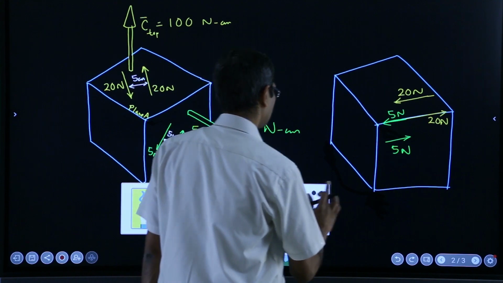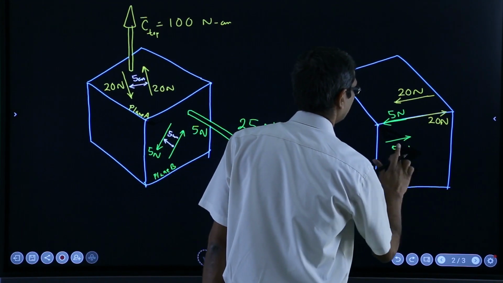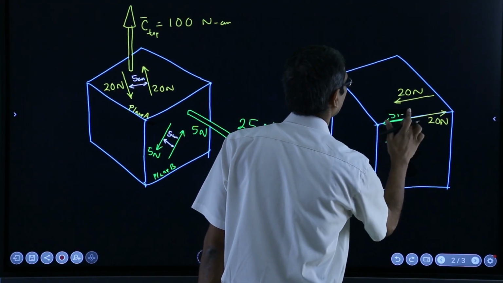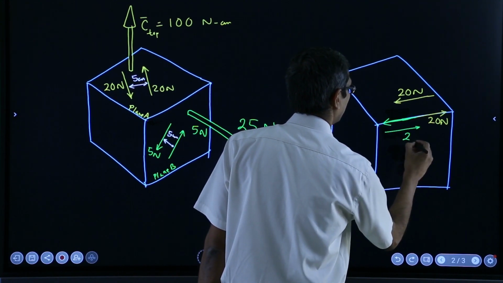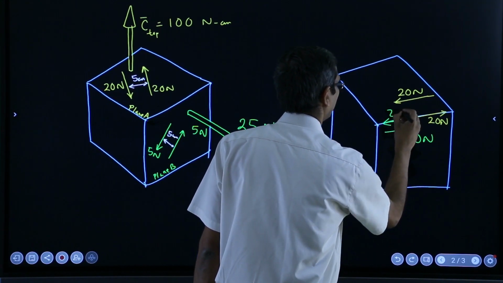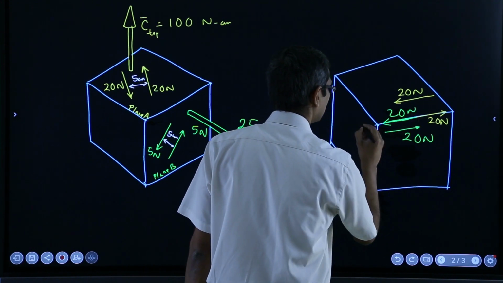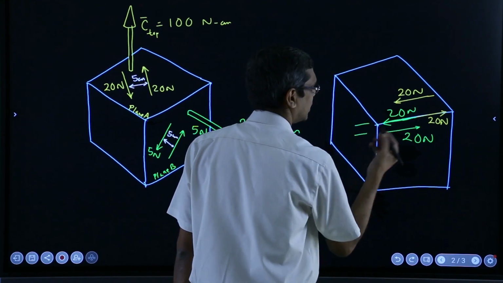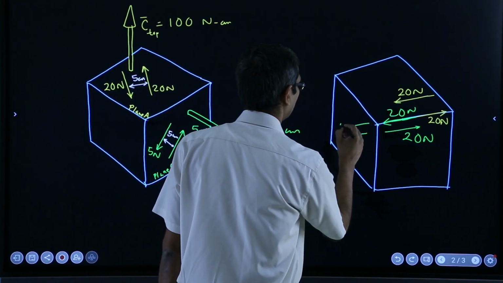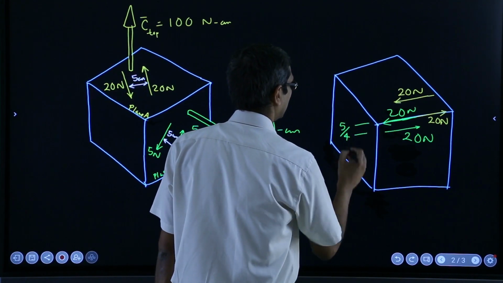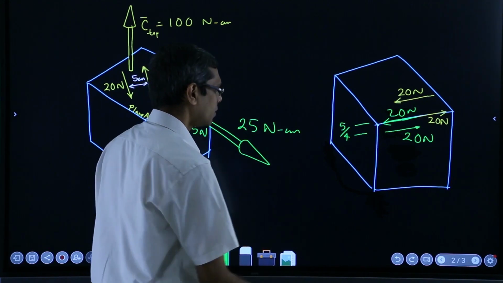So I'll just erase this now and make it 20 newtons, 20 newtons, but the distance now has become, earlier it was 5, the distance has to be 1/4 of that. So 5 by 4 centimeters now, right?